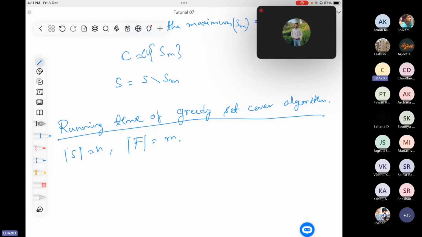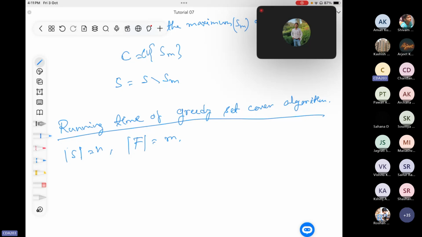At each step, you are finding the maximum cardinality subset in F, and you include it and update your set. You keep doing it till your set is empty.